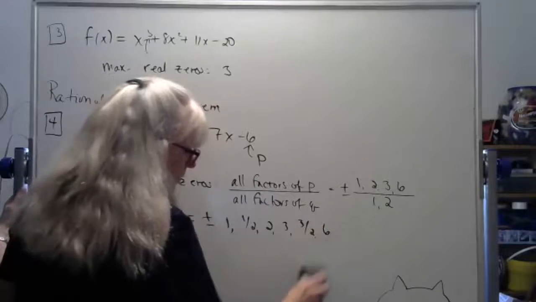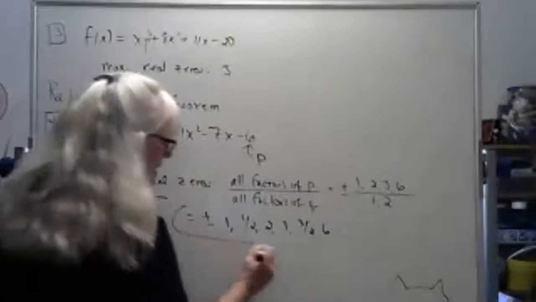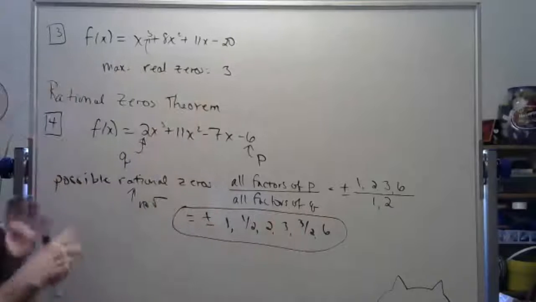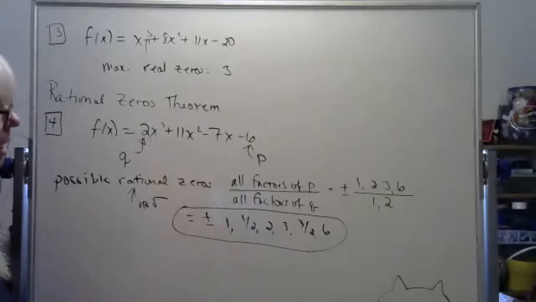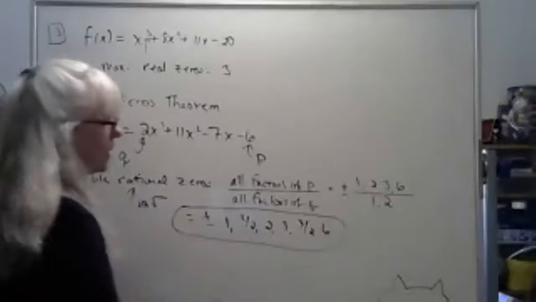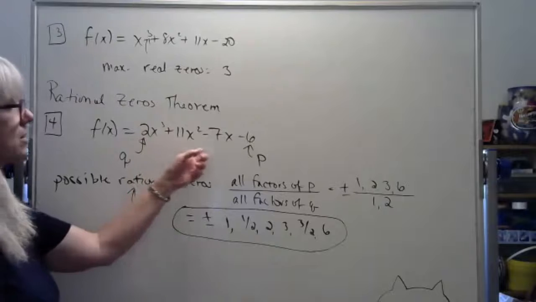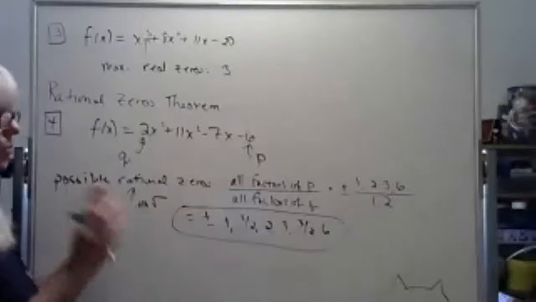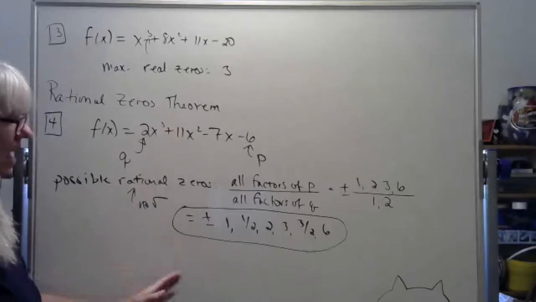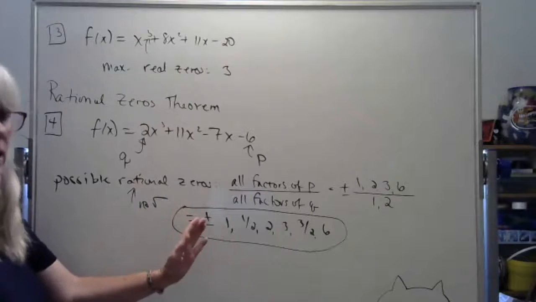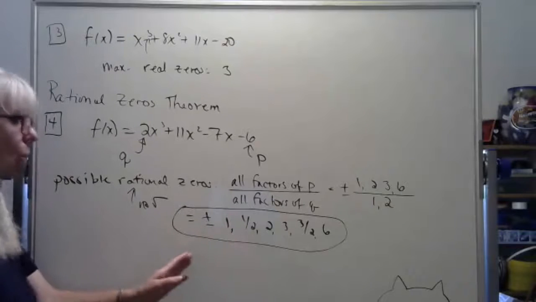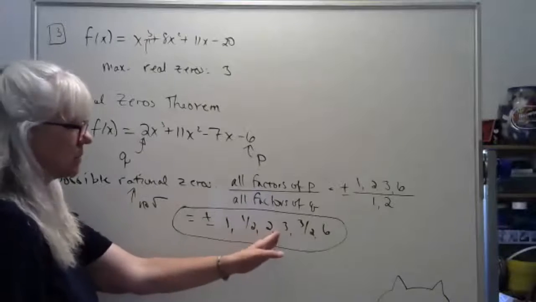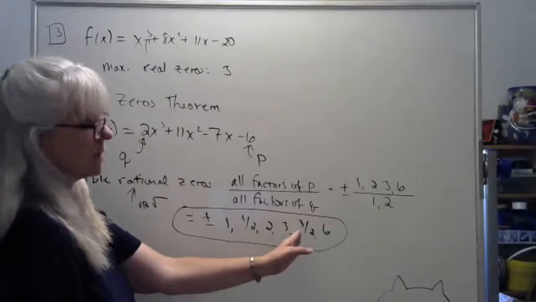Okay. So this list is a place for us to start in order to try those possible factors of our polynomial. So what this is saying is that if you factor this down, the only real rational factors it can have would be x minus 1 or x plus 1, x minus 1/2 or x plus 1/2, or x minus 2, x plus 2, x minus 3, x plus 3, x minus 3/2, x plus 3/2, those kinds of things.